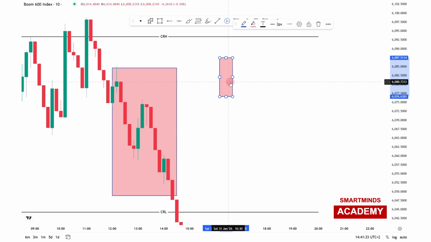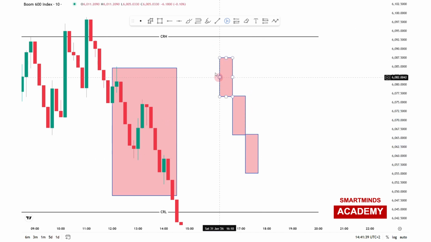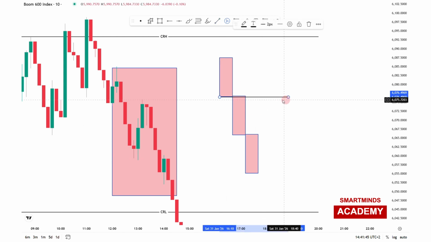We only have expansion towards one direction. That gives you your imbalance or the inefficiency. The price is not correcting itself, rather it is pushing to one direction. And the second candlestick, the one in the middle, is going to give you, that is how to properly mark your imbalance, the second candlestick.